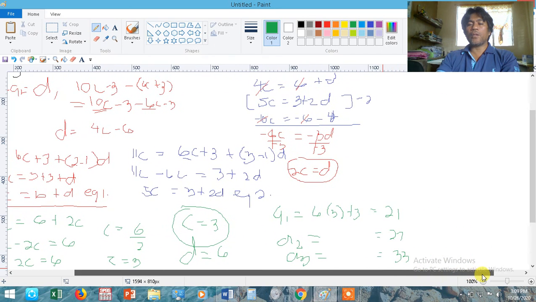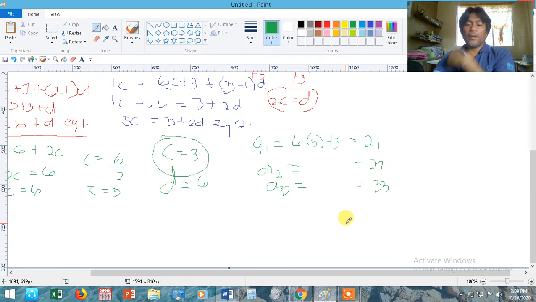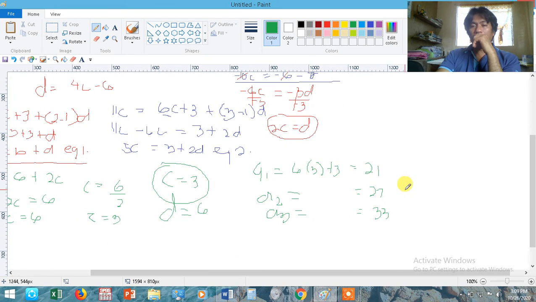So the question is, is this correct? Correct ba ni siya? So a sub 2, we know that a sub 2 is 10c minus 3. So let's have 10 times 3 minus 3. So we have 30 minus 3 will give you 27.